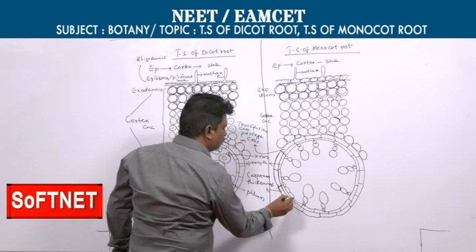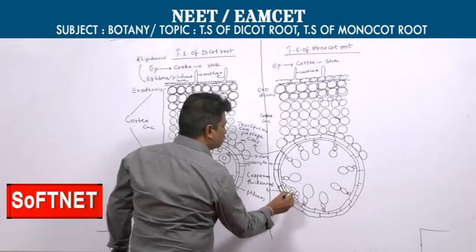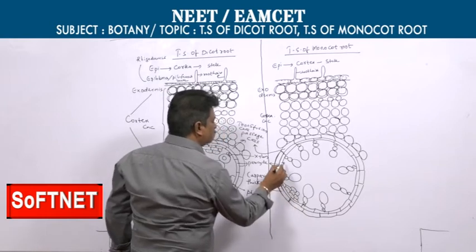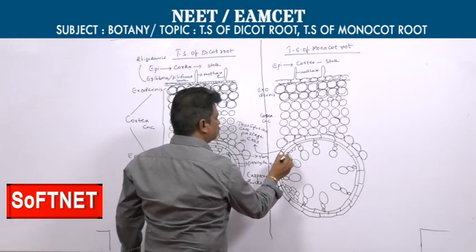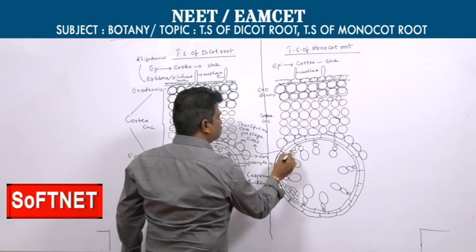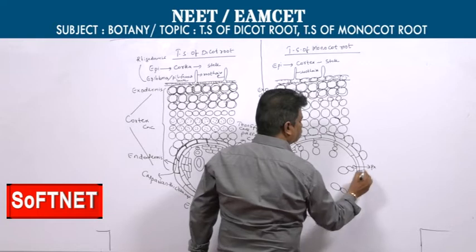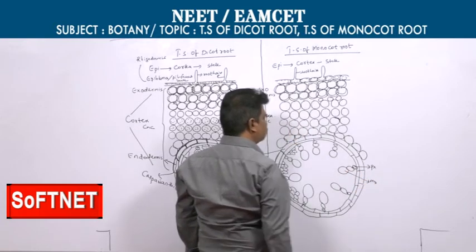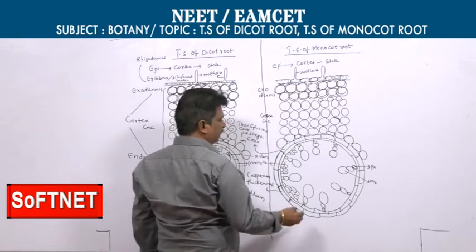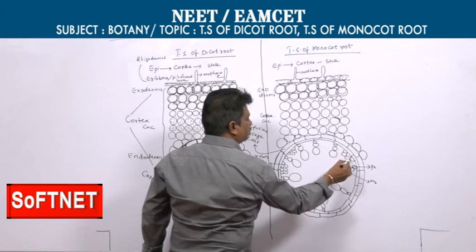One more root character is that xylem differentiation is centripetal: protoxylem outside, metaxylem inside, called exarch.